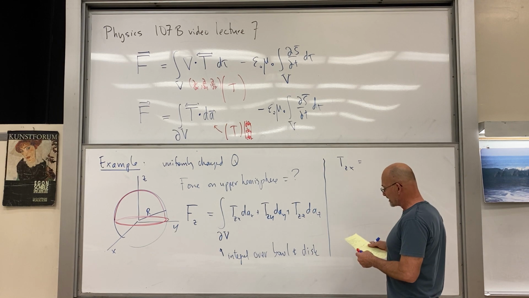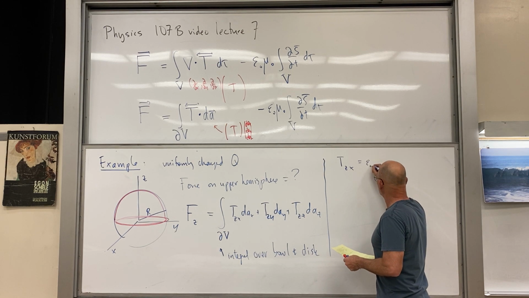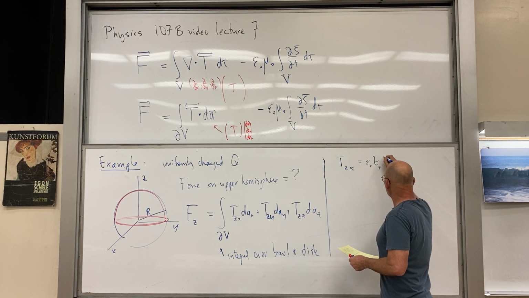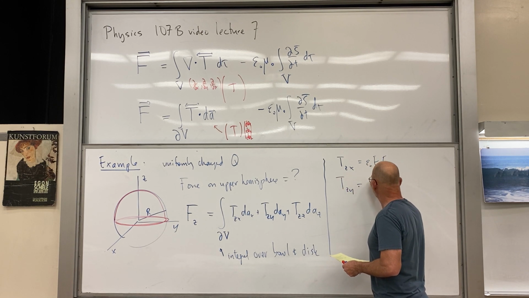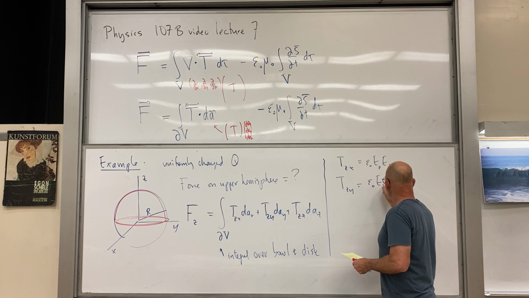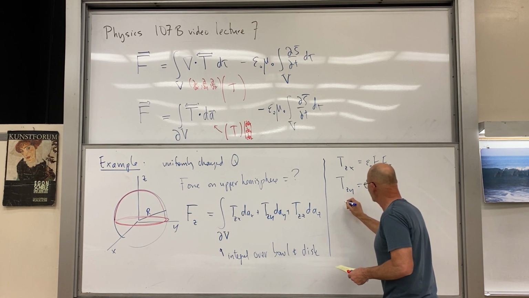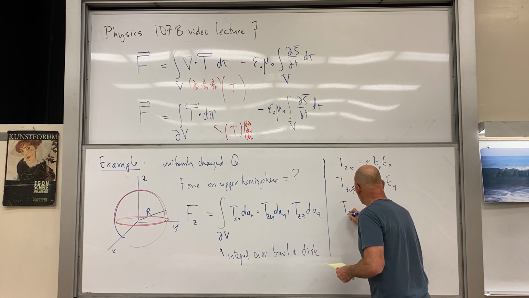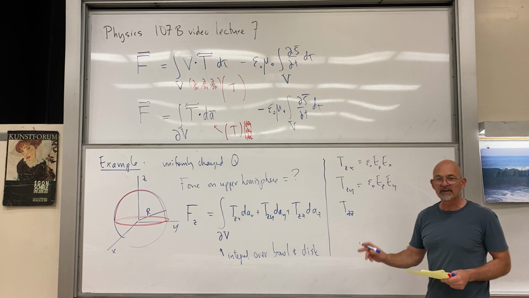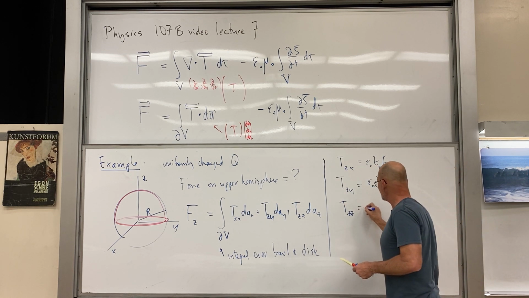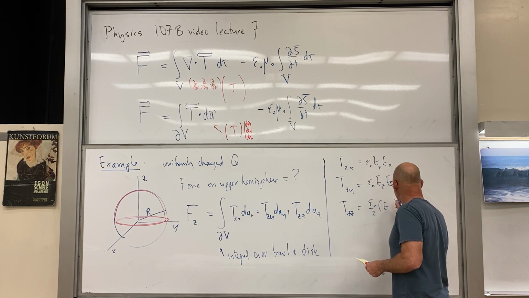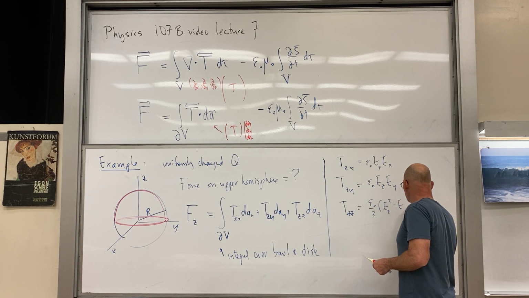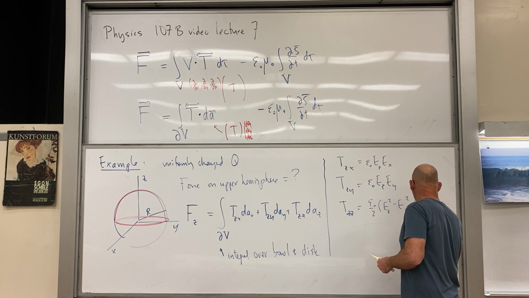This is an off diagonal, it's just got epsilon naught E_z E_x. T_zy is epsilon naught E_y E_z. T_zz, you've got the Kronecker delta now in play. You've got epsilon naught over 2 times E_z squared minus E_x squared minus E_y squared.